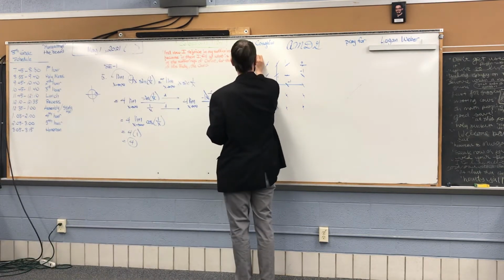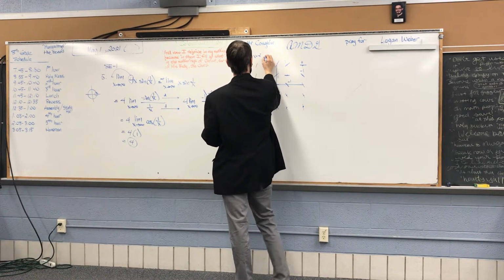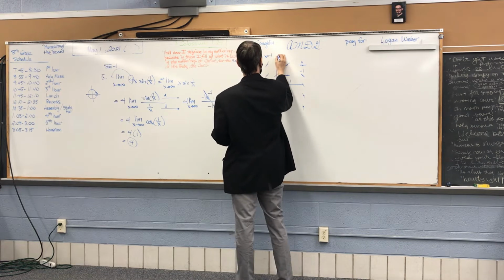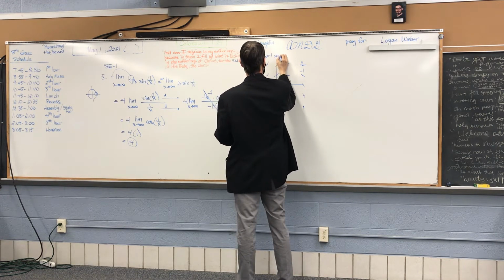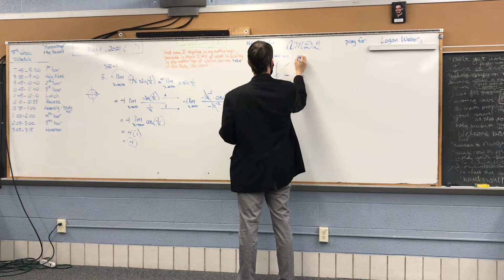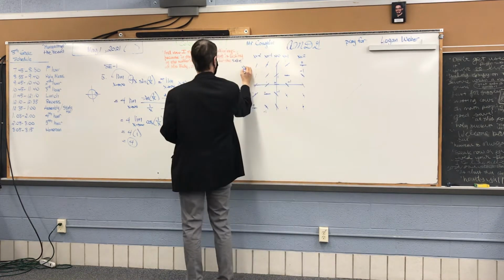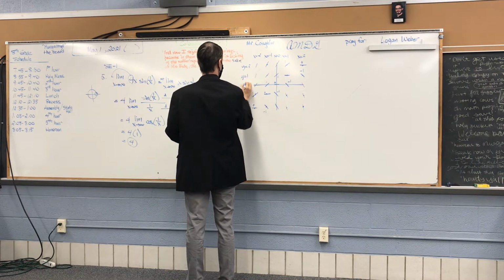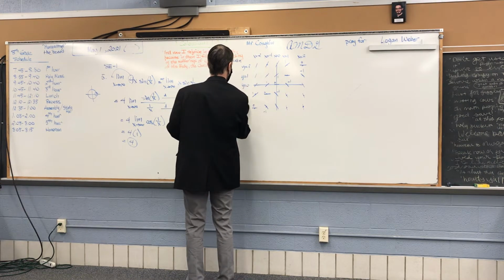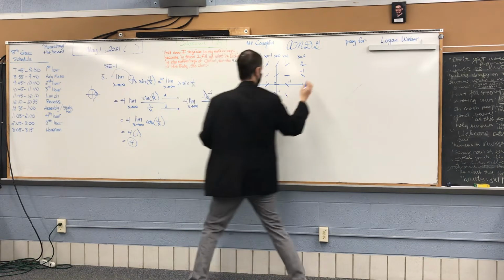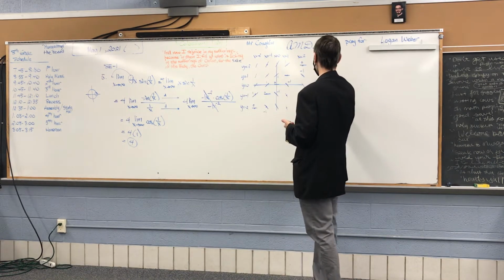Here's where x equals -2, x equals -1, x equals 0, x equals 1, x equals 2. Here's where y equals 2, y equals 1, y equals 0, y equals -1, and y equals -2. Now, they want dy over dx equals something.